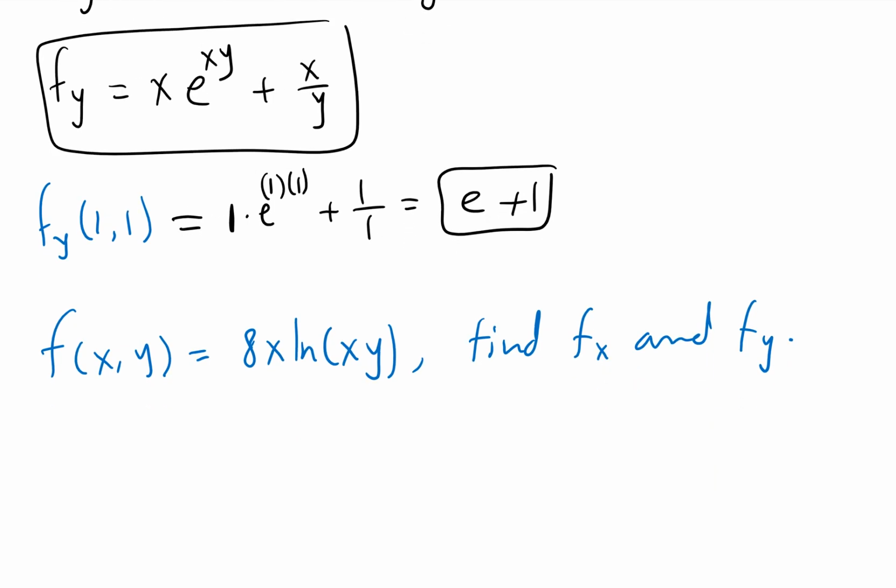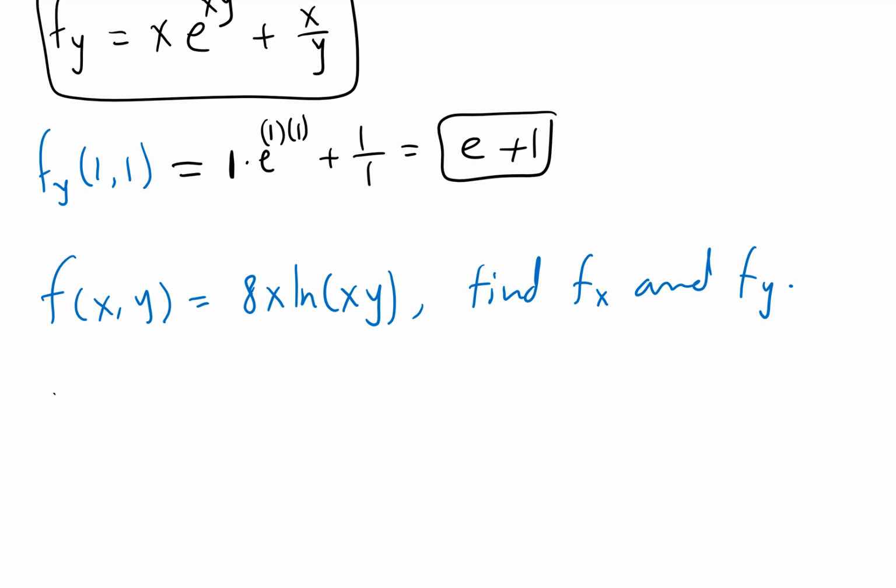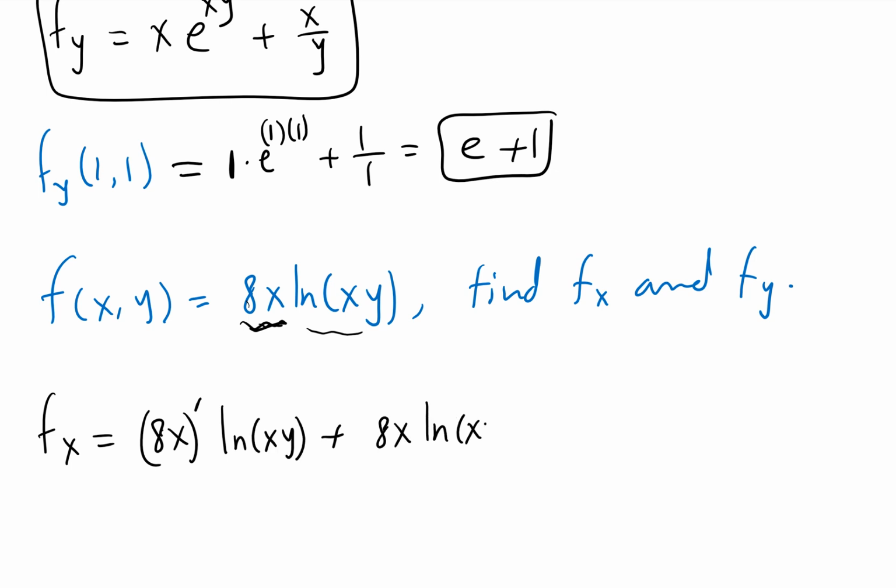The difference between this one and the previous ones is that when we find f sub x, I see 8 is just a constant, but then there's an x and natural log, so there's two functions, so we have to use the product rule. So let's call this one function 8x. So we find the derivative of this with respect to x times the next one, plus keep the first one times the derivative of the second one.